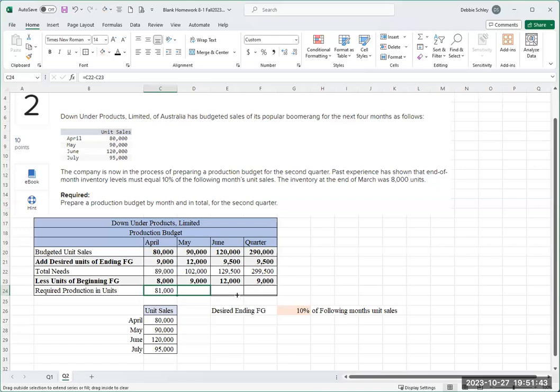I think, drag that across. That's not quite right. What happened? Oh, I referenced the wrong cell somewhere. Units of beginning. Ending.